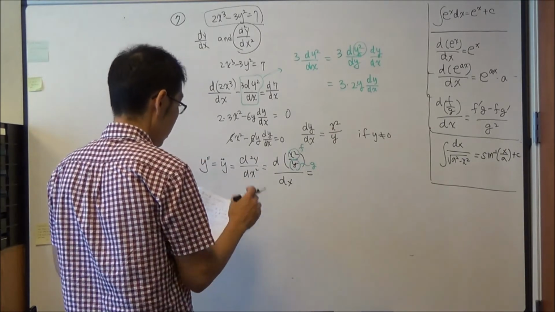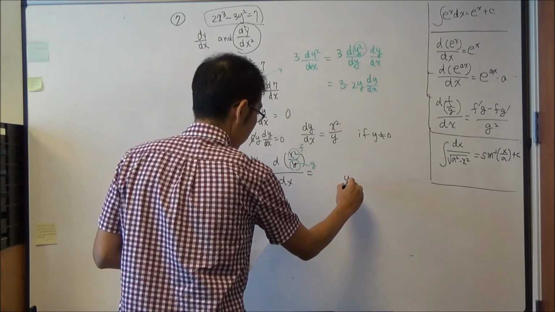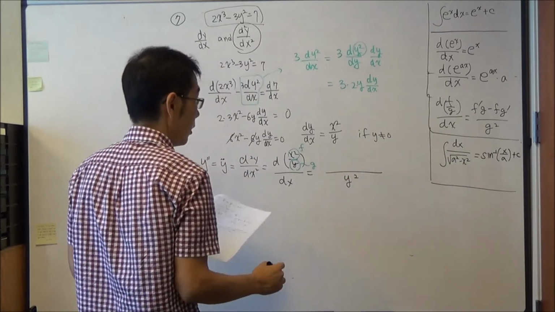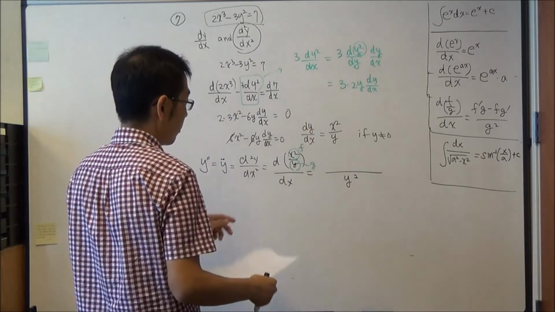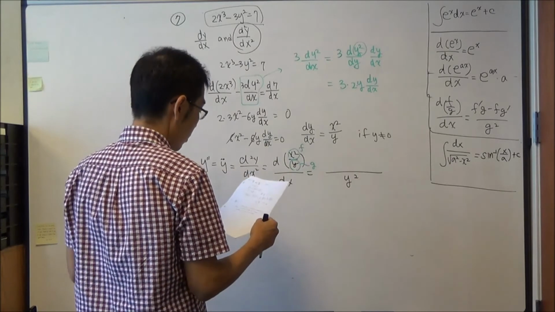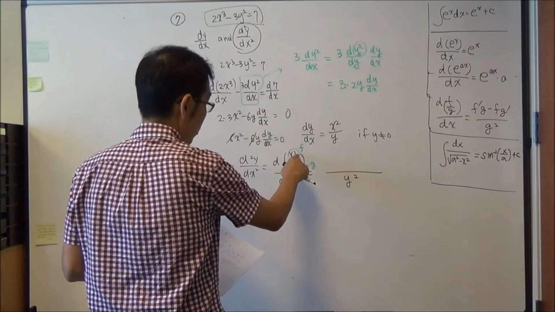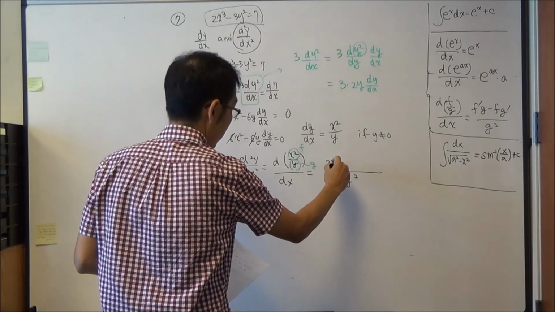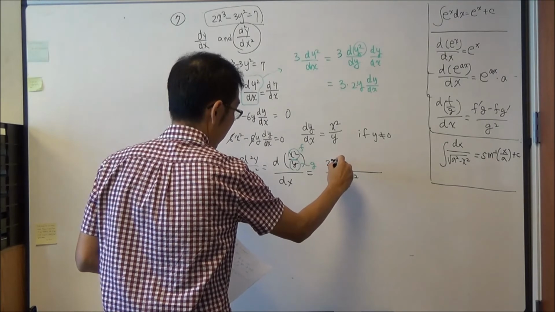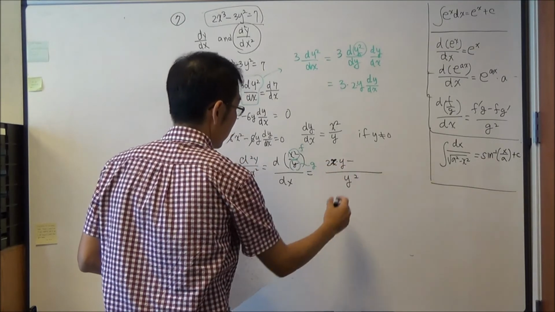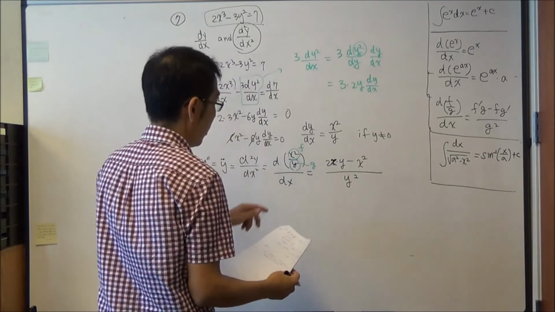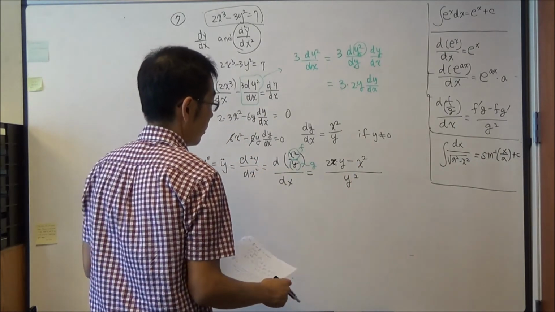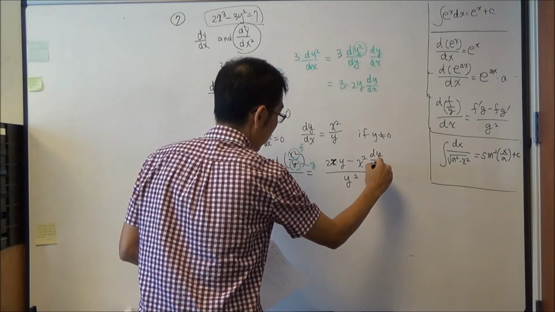If you just use that, this is y squared and f prime, which means x squared prime. So x squared prime is 2x, and y minus x squared and then g prime, which means dy over dx.